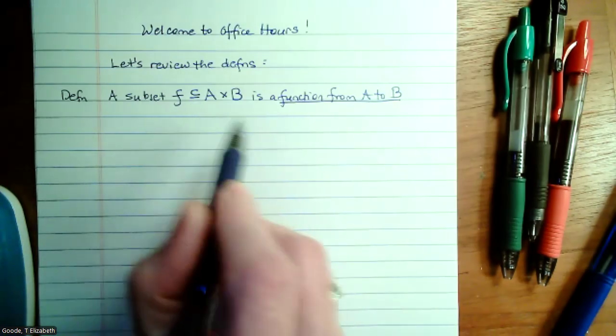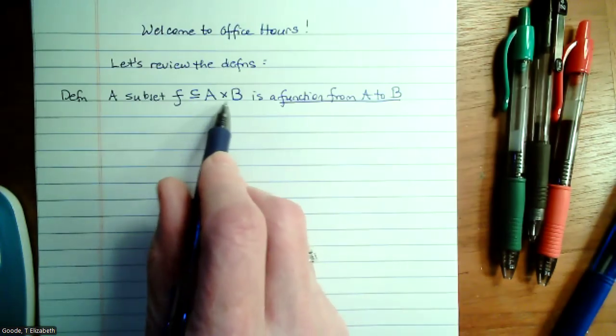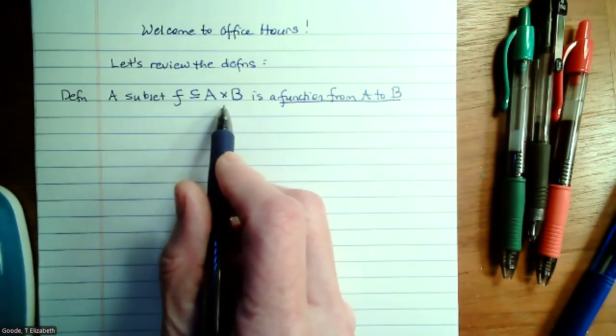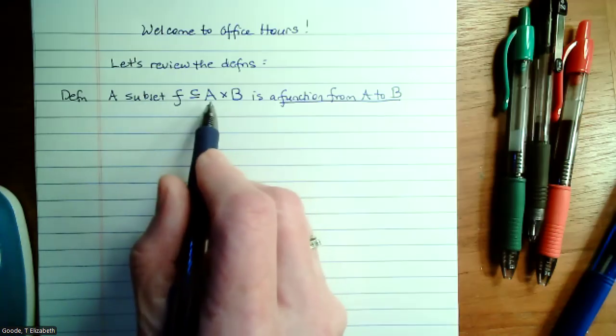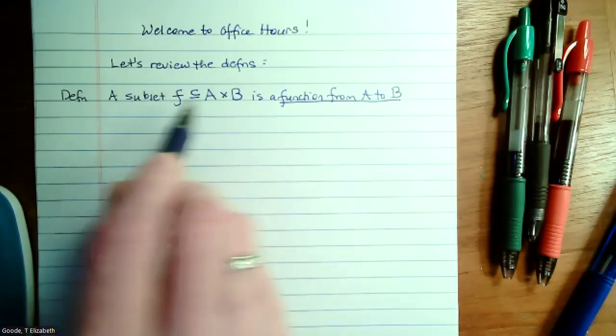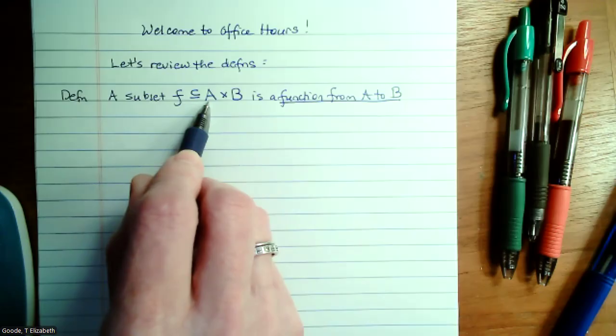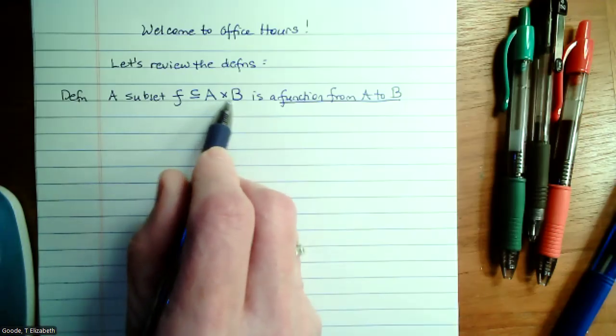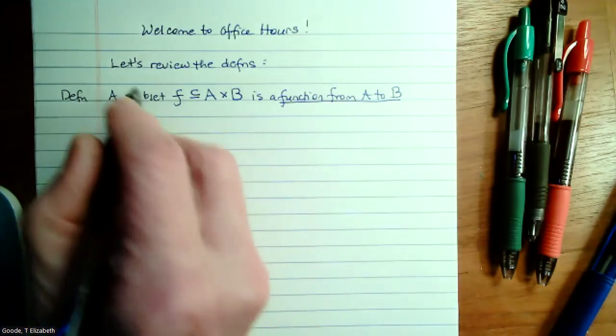We'll look at an example of an A cross B, and then we'll look at some functions from A to B that are subsets of A cross B that qualify as functions. Generally, all of A cross B won't be a function unless A is only a singleton set and B is only a singleton set. I'll show you what I mean.